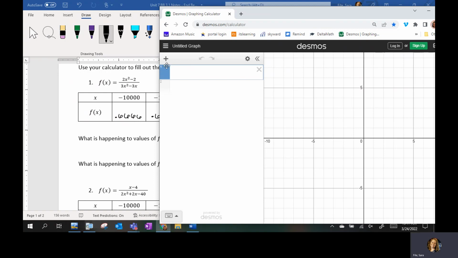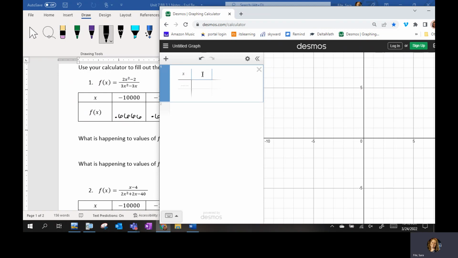Now, you go to this plus sign and you want to do a table. So the first thing I need to do is get rid of these subscripts, these little ones at the X there. Go there and delete them. I just want X. The subscripts sometimes mess it up. Okay. Now instead of Y, I'm going to put the actual function here.